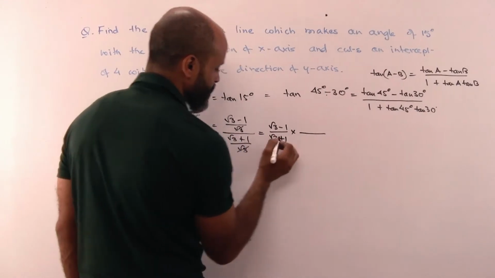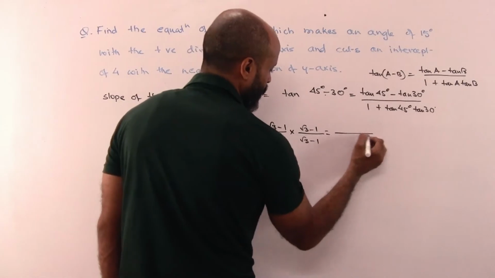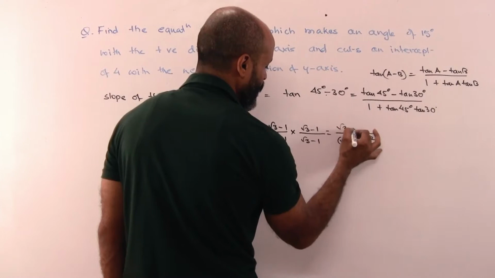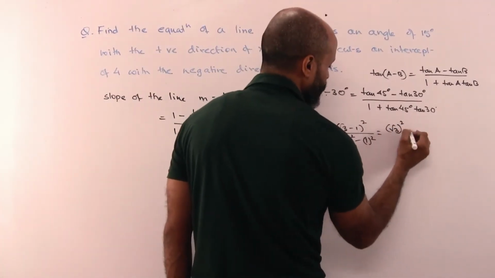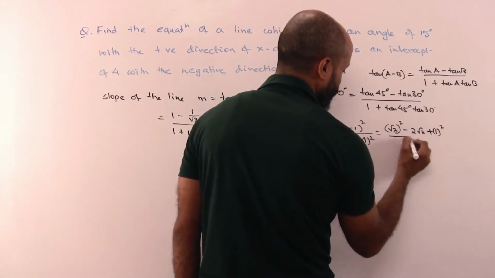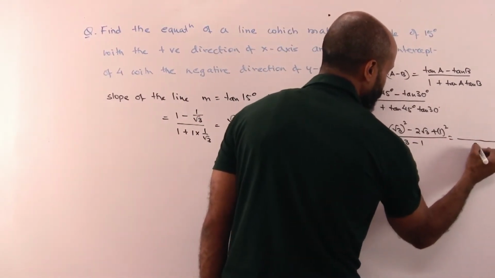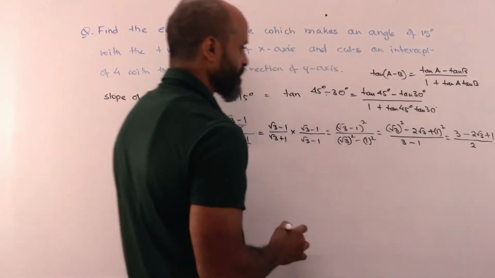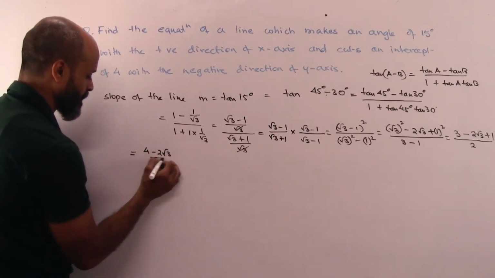So how can we simplify this? By multiplying with its conjugate. Here we have root 3 squared minus 1 squared in the denominator, and the numerator is (root 3 minus 1) squared. So this will be (root 3 squared minus 2 root 3 plus 1 squared) upon (3 minus 1). The denominator is 2, and the numerator is 3 minus 2 root 3 plus 1. 3 plus 1 is 4, minus 2 root 3, upon 2.